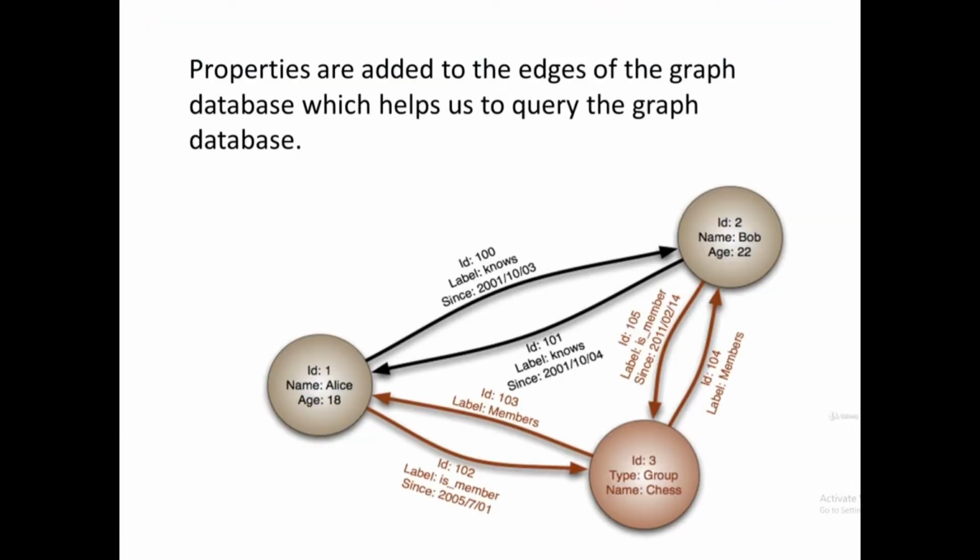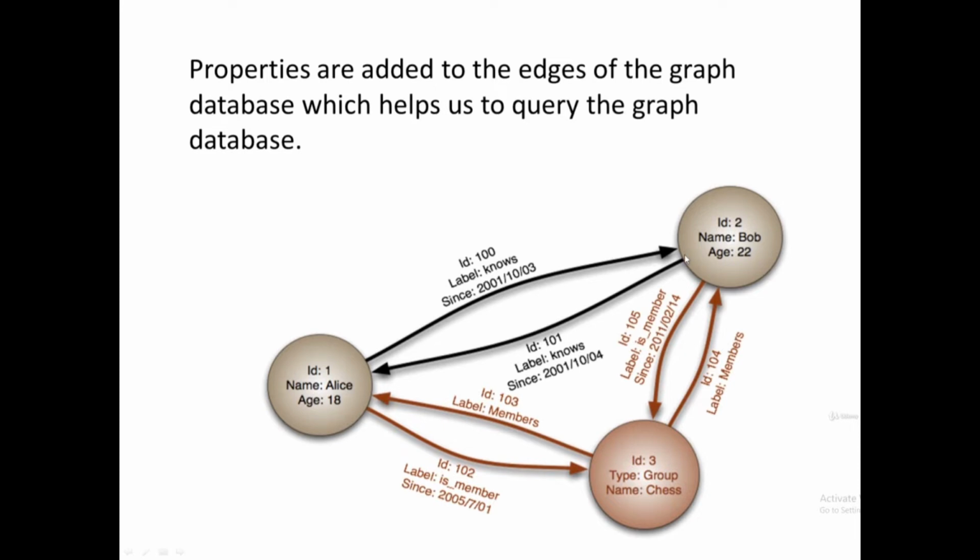Properties can also be added to the edges of the graph database, which helps us to query the graph database. For example, here three nodes are uniquely identified by the IDs 1, 2, 3. Besides that, they have two properties, name and edges.